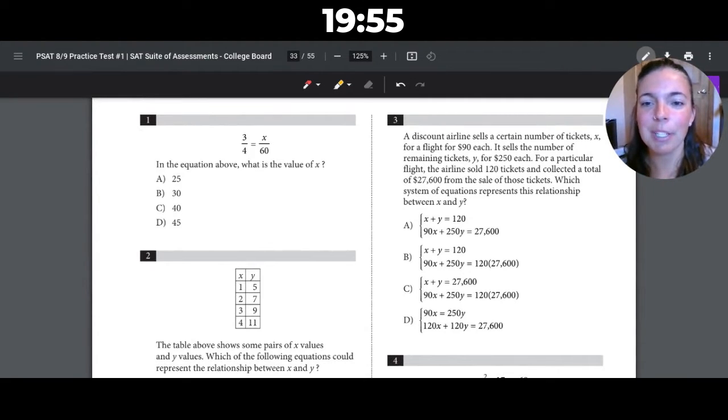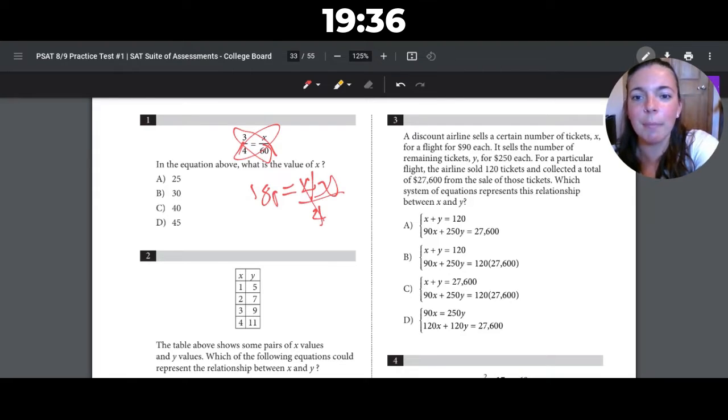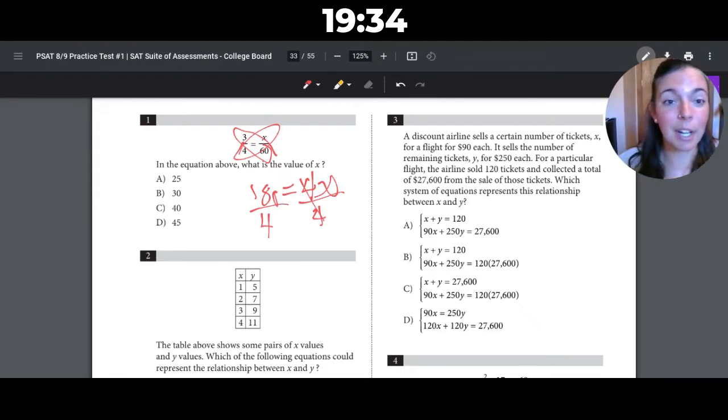In the equation above, what is the value of x? It tells us 3/4 is equal to x over 60. A couple different ways we can solve this. One thing that always works when we have these ratios is to cross multiply. So I just have to do 3 times 60 and 4 times x and then divide by 4. Again, we cannot use a calculator here.